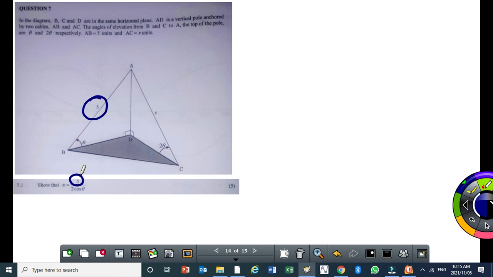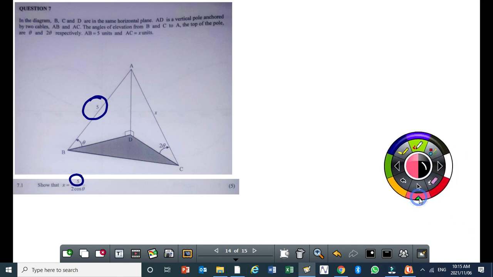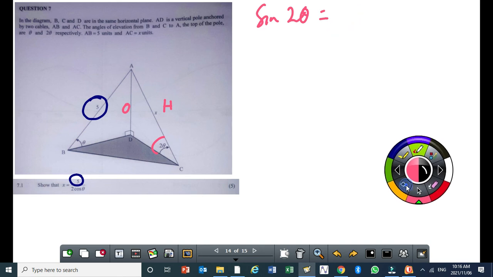So, if this is 2 theta, this is 2 theta, so this will be the opposite side, that's the hypotenuse. Okay? So you're supposed to say sine 2 theta is equal to AD over the hypotenuse, which is x.